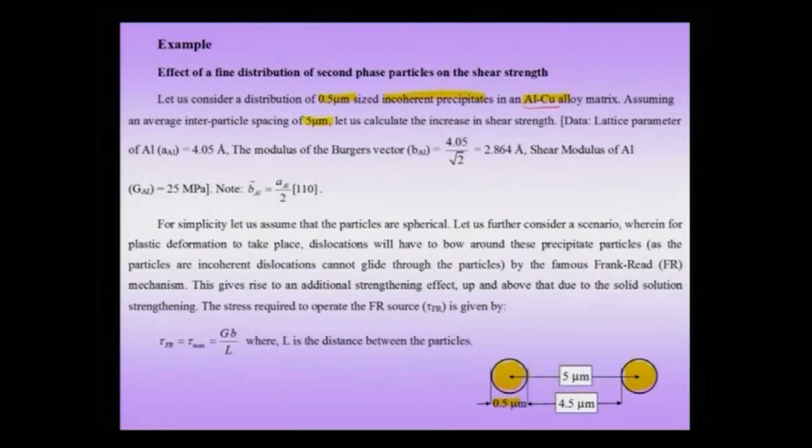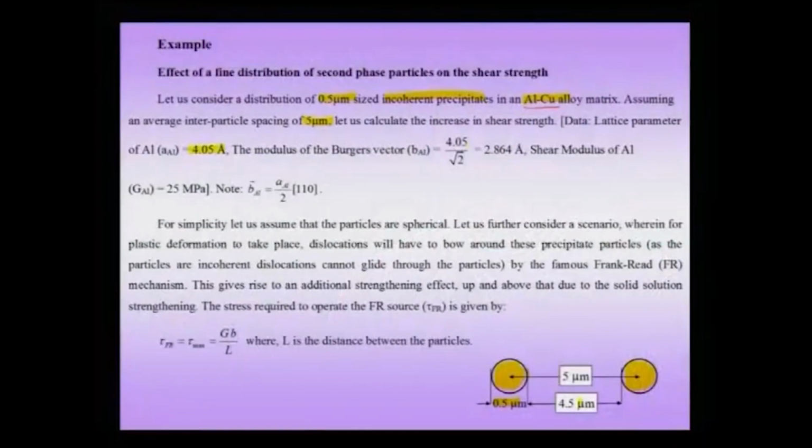The distance from surface to surface thus turns out to be about 4.5 micrometers. The lattice parameter of aluminum is about 4.05 angstroms, and in the presence of a solid solution this will be altered, but for now we will assume that this is the lattice parameter we need to consider.